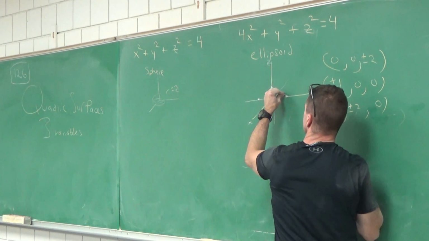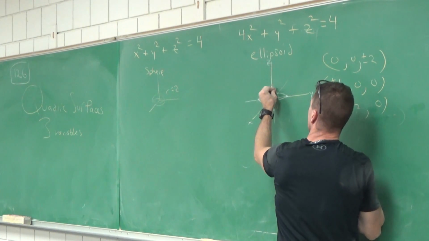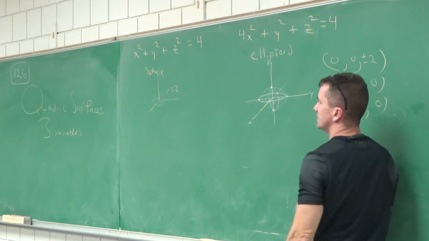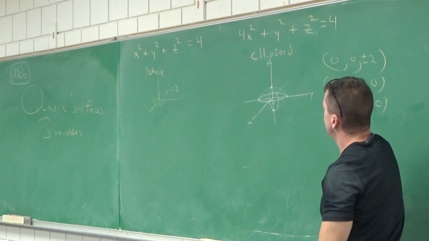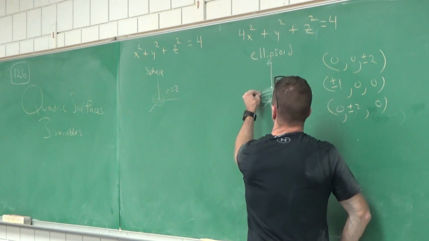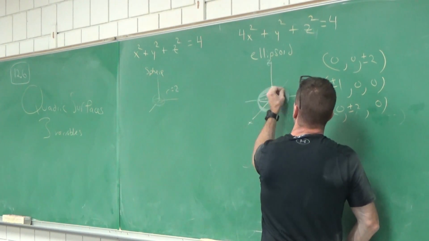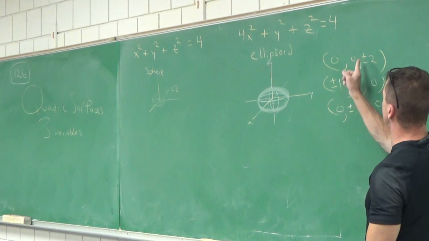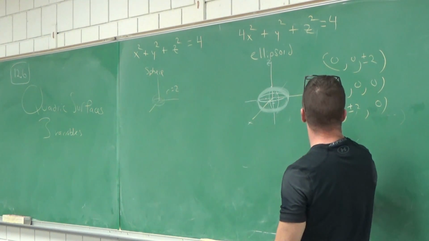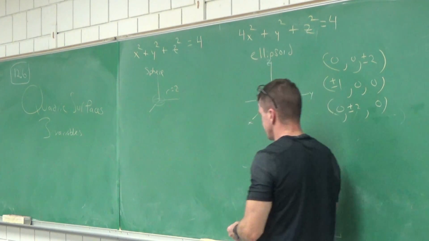You can trace one through these this way, and they connect. It's not a perfect sphere, it's just an ellipsoid. It got stretched more along the z and the y-axis. It's more scrunched in at the x-axis.